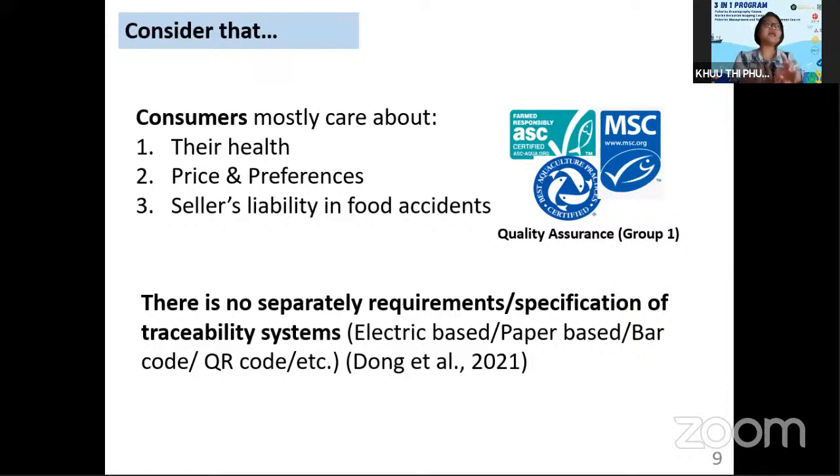It means that if we have any problem during purchasing, I can ask the retailers or the seller directly about our product.